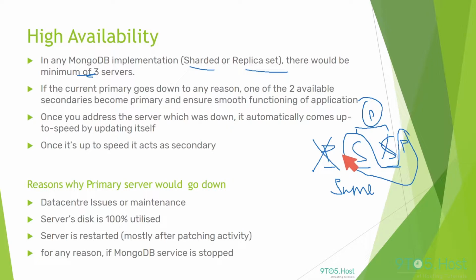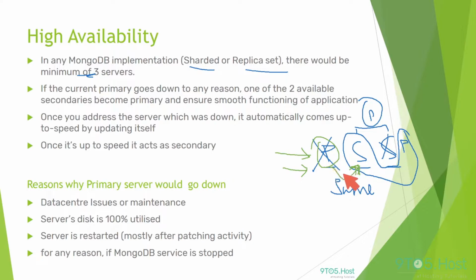So whenever you come to know, from the notification or from the monitoring alert, that one of the servers is down, you would fix it. As soon as you fix this server, it would update the data by itself. No manual steps are required.